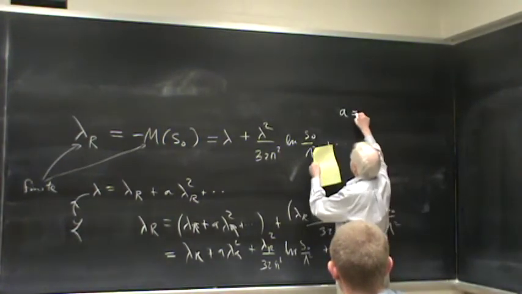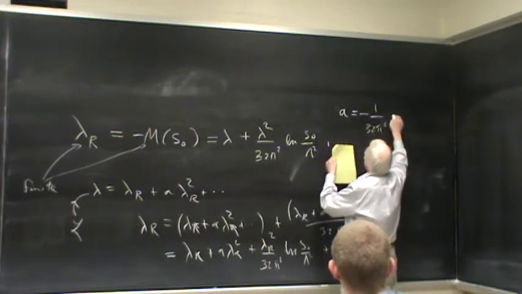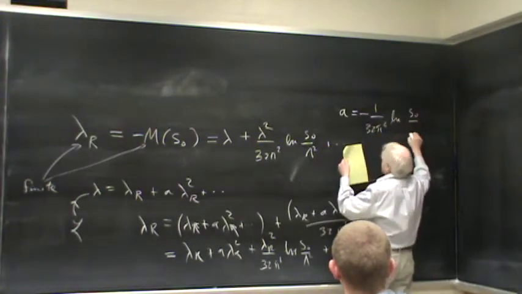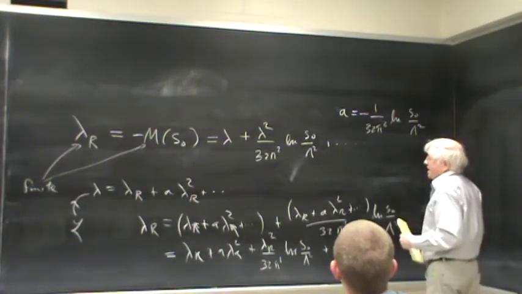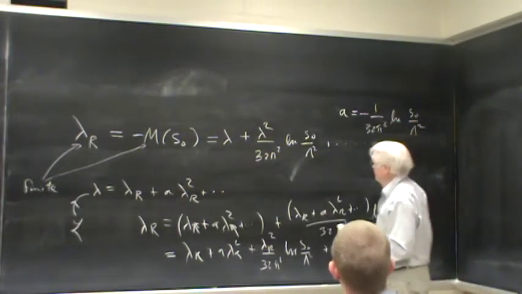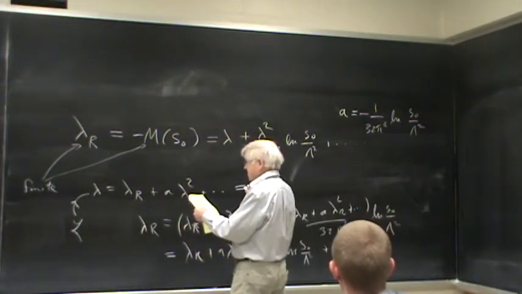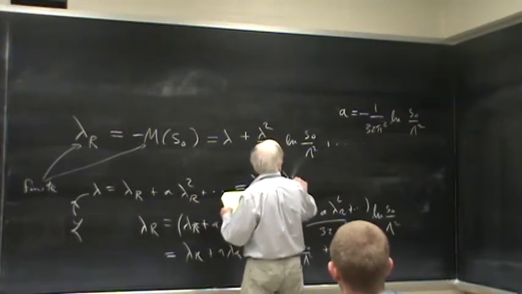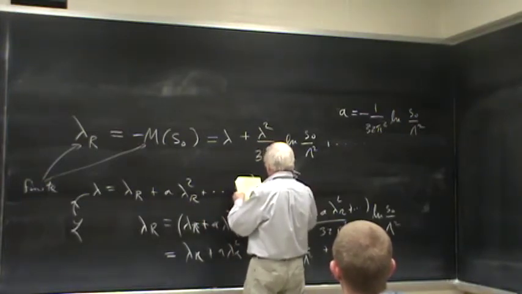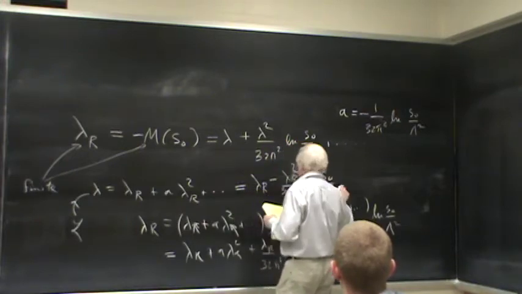Namely, A had better be minus 1 over 32 pi squared log S0 over lambda squared. In that case, this expression is lambda r minus lambda r squared over 32 pi squared log S0 over lambda squared.